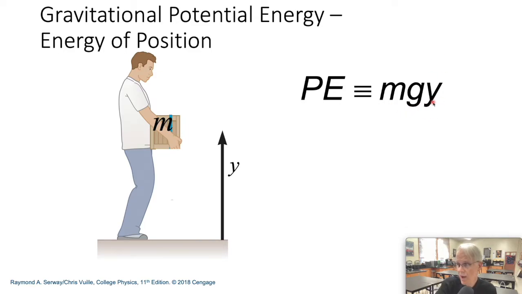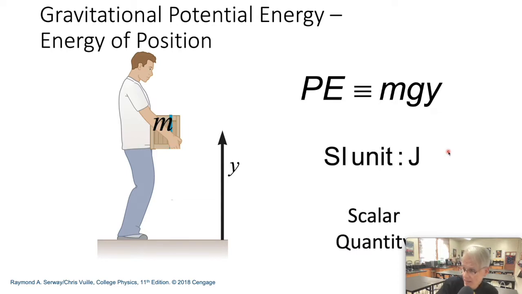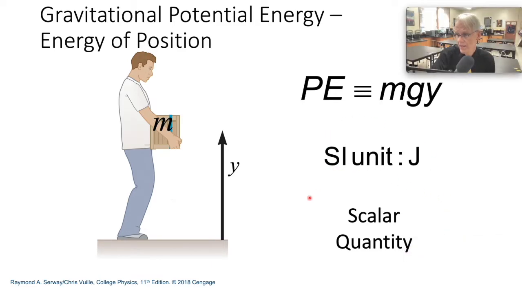Sometimes you'll see this y as an h. Kinetic energy and our work, the SI units will be joules, and it'll be a scalar quantity just like work. Now, like I said, work can be positive or negative. Energy will always be positive.